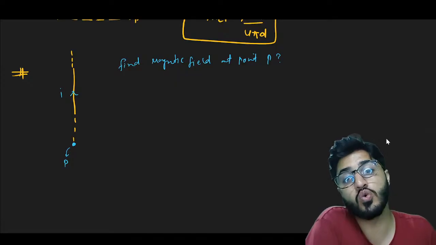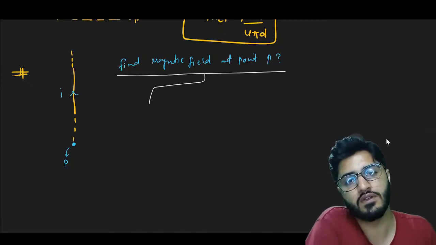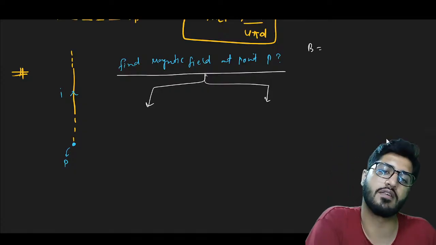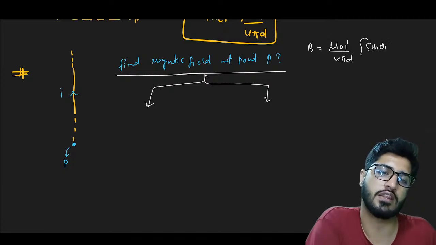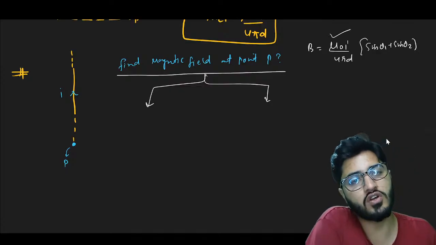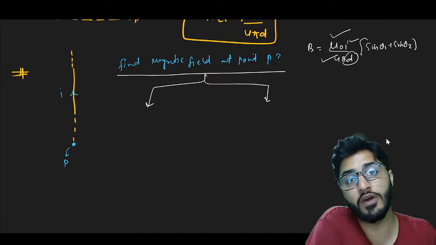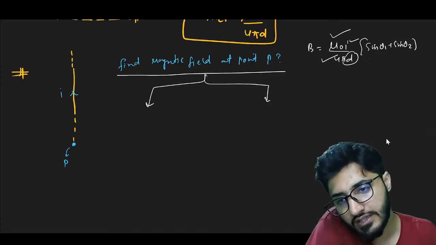Sir, there are two ways. One, what is B net: mu naught I by 4 pi d, sine theta 1 plus sine theta 2. Look, mu naught is constant, 4 pi is constant, I is constant. What is d? d is the distance from your point to the wire. I guess you can see that this particular point lies on the wire.